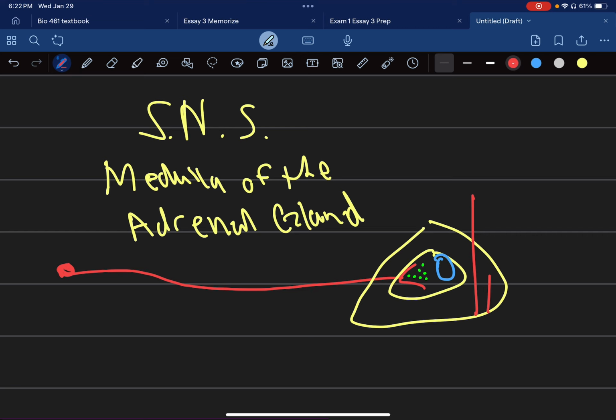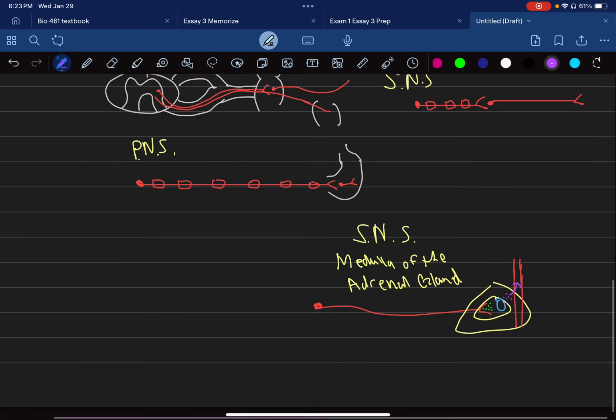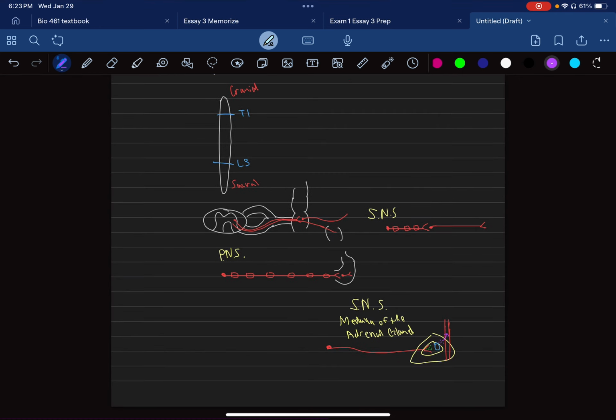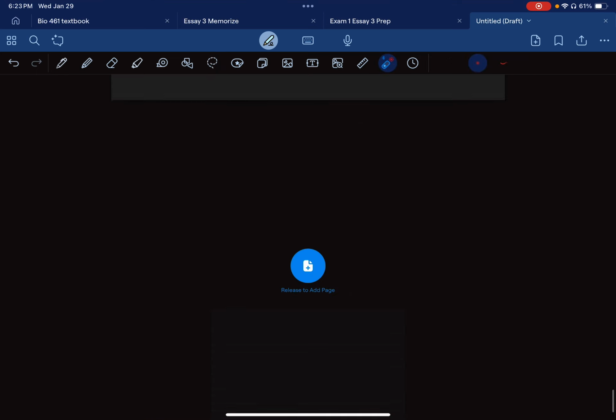And what's going to happen is we have a vein right here, or an artery. That one's going to actually release epinephrine into the blood flow. So that's the only time that this is not a two neuron system, is with the sympathetic nervous system going to the medulla of the adrenal gland.